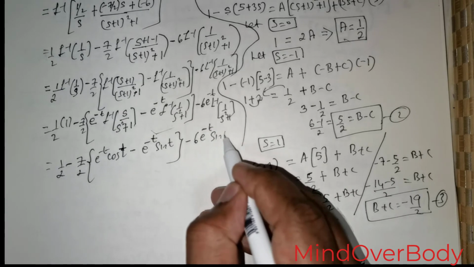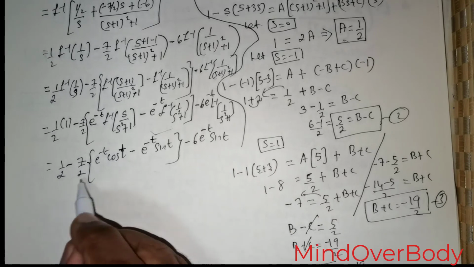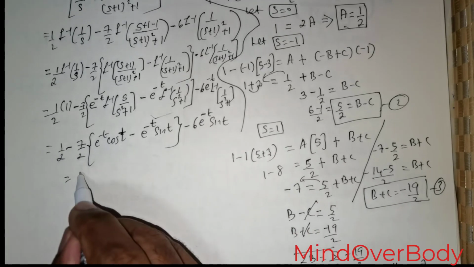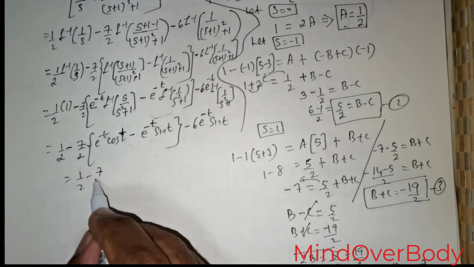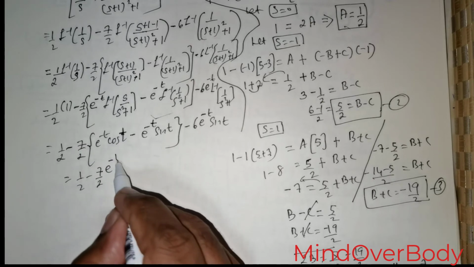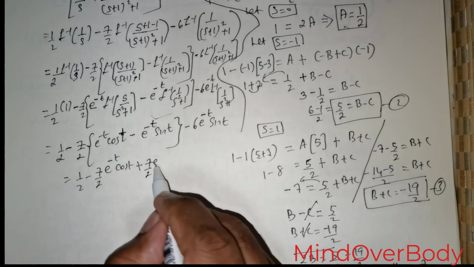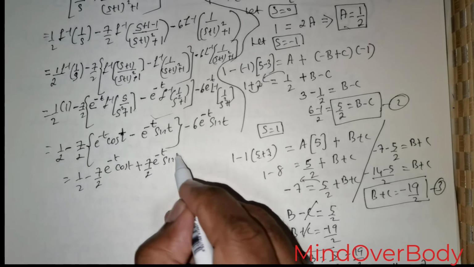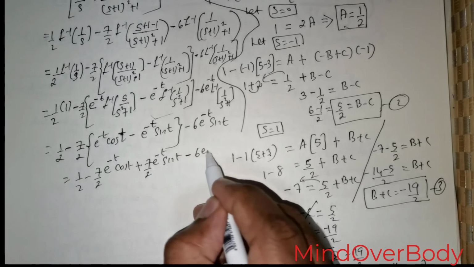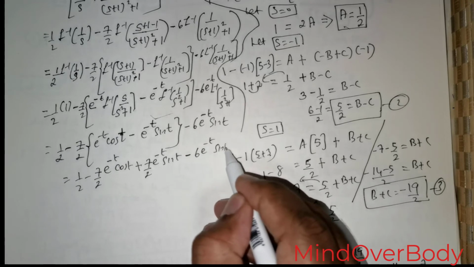This is going to be my sin t. Now let me remove the parenthesis. So this is going to be 1 over 2, minus 7 over 2 times e^(-t) times cos t, plus 7 over 2 times e^(-t) times sin t, minus 6 times e^(-t) times sin t.